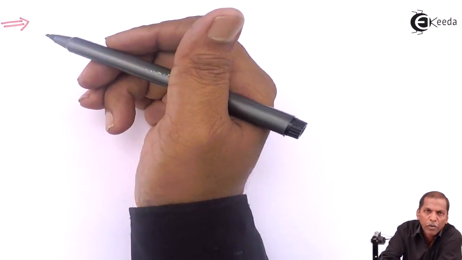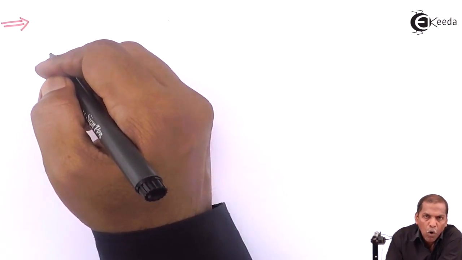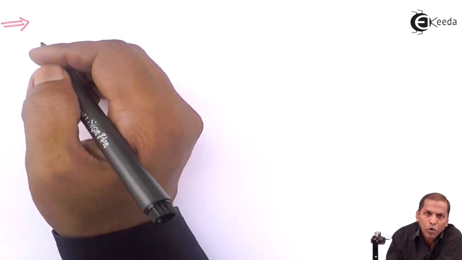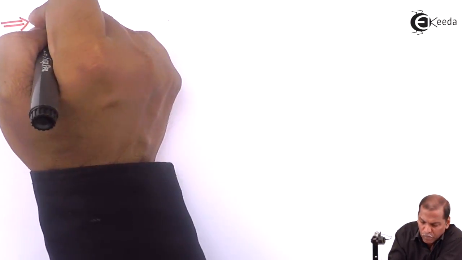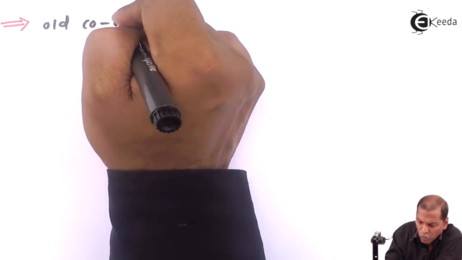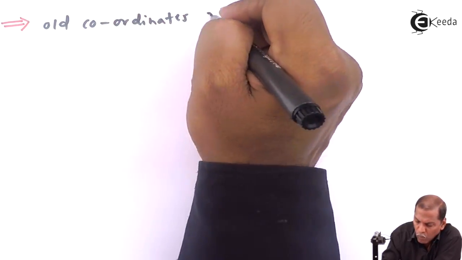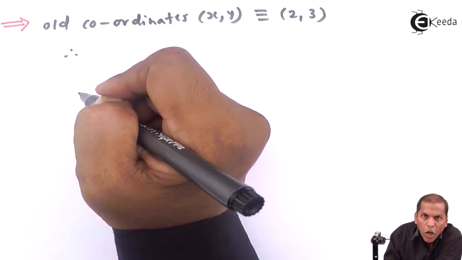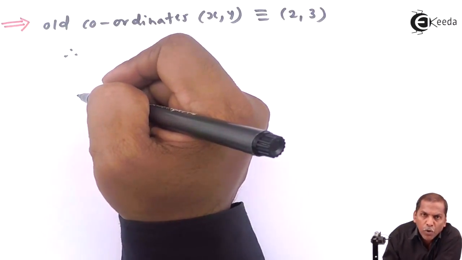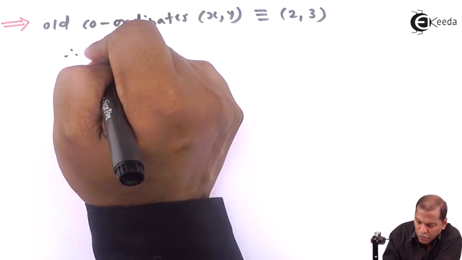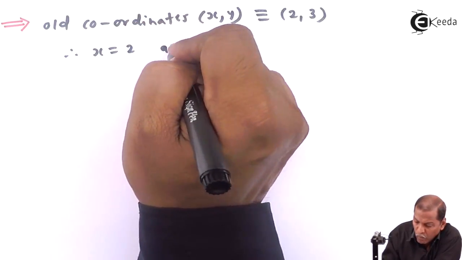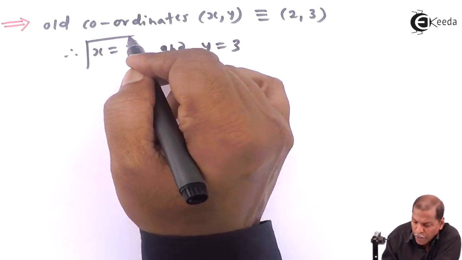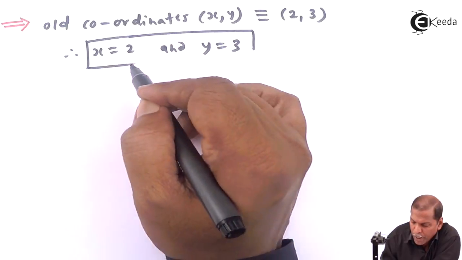So in this question we have been given old coordinates, that is small (x, y) equal to (2, 3). Therefore we have x equal to 2 and y equal to 3. So in this way we get the values of small x and small y.